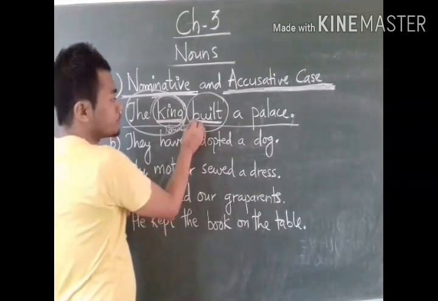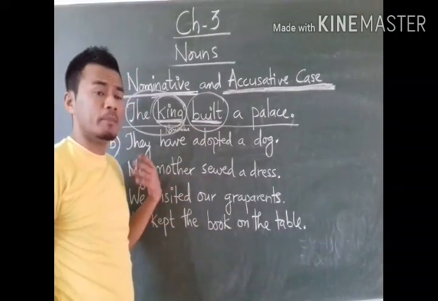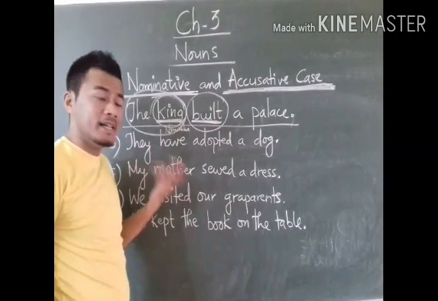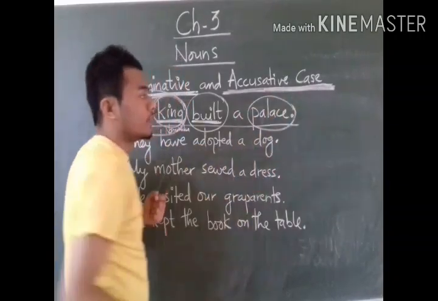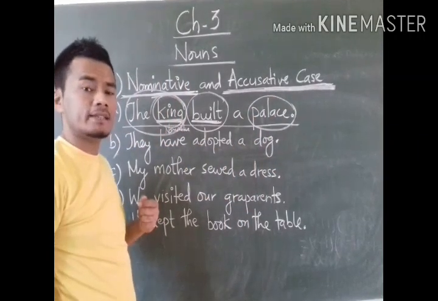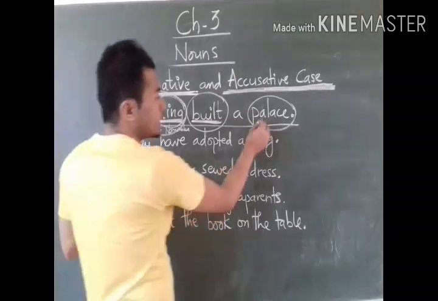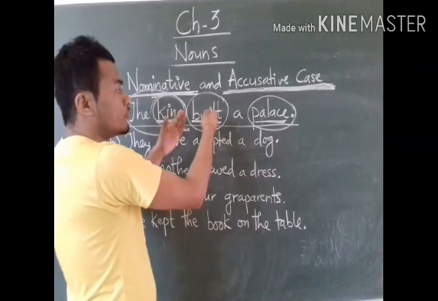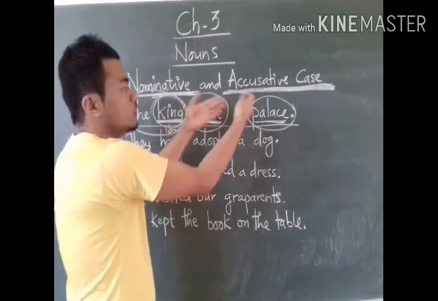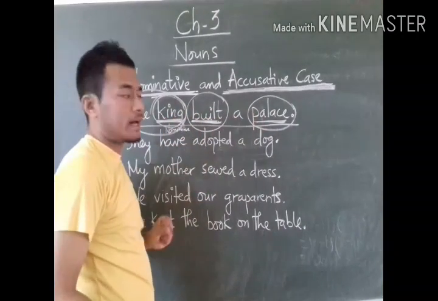Understood? So, what has he built? He has built a palace. Palace is also a noun. But here, the action of the king is going to reflect on the palace.